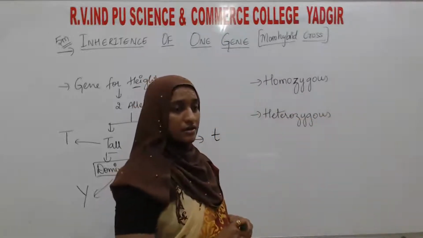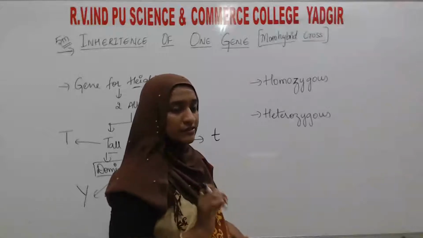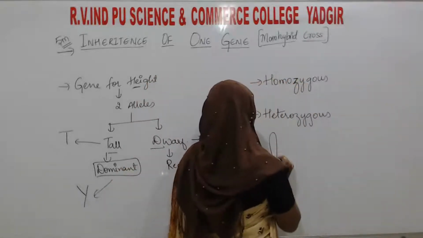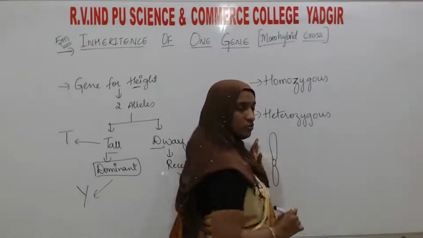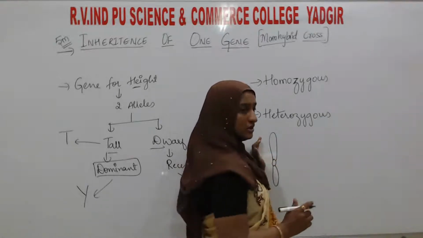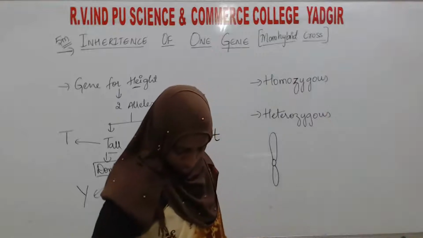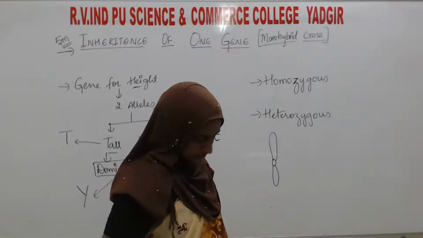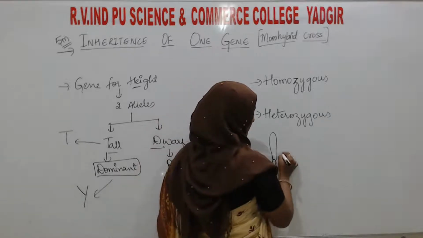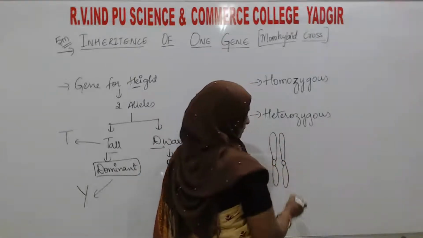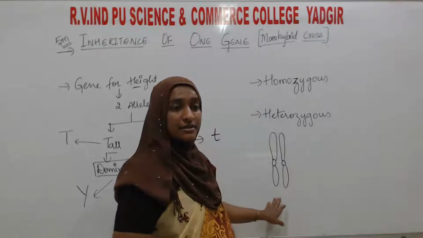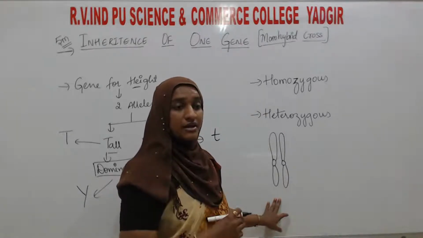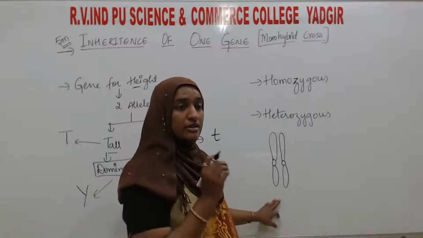Here is the meaning of homozygous. See, this is one chromosome, and these are the two chromosomes. They are the same in size and shape.